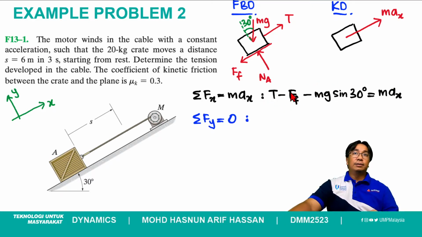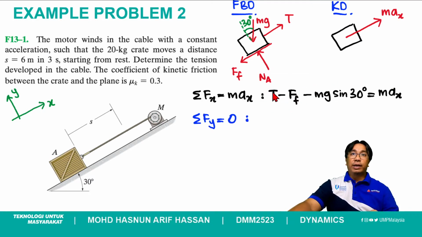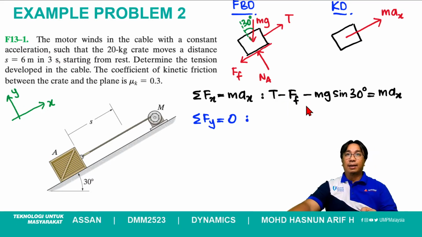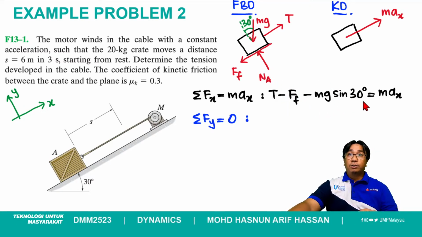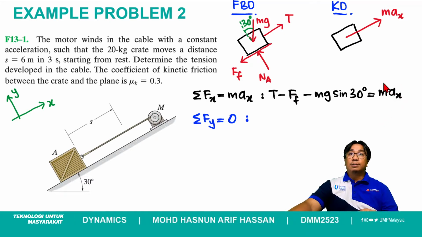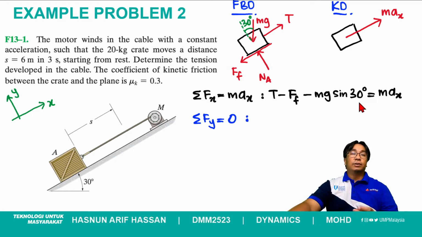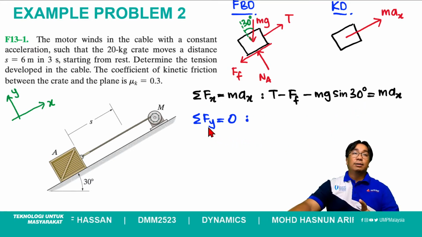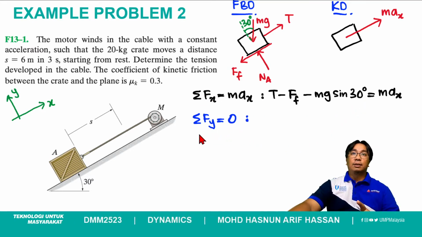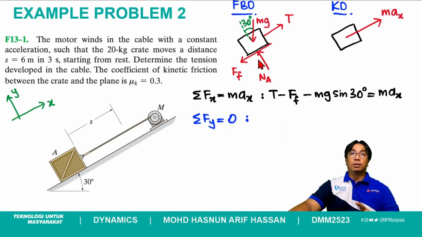Okay, there are a lot of things that we don't know here. We don't know tension, we don't know the friction because we don't know what is NA, the normal force, and we don't know what is AX. So we cannot solve anything from the first equation. Now we go to the second equation, which is Fy equals to 0.